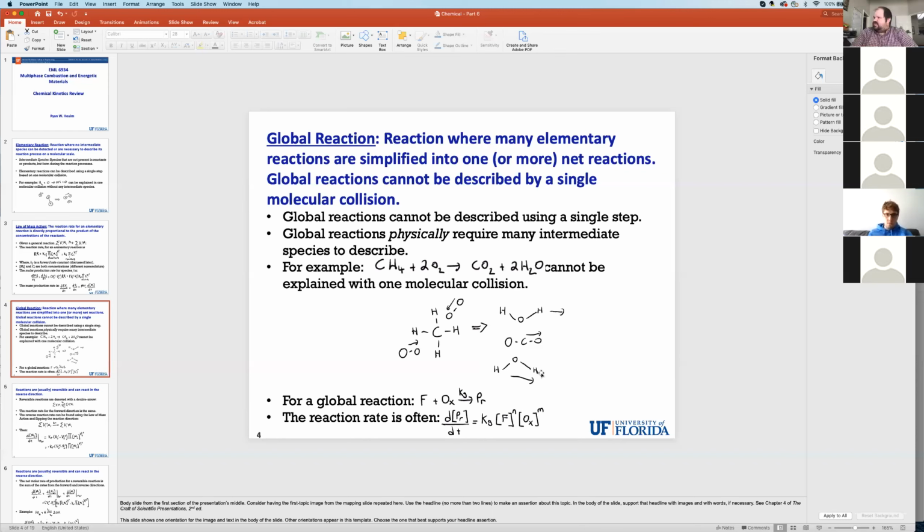So does that collision and that crazy correspondence in one step, in one molecular collision, seem very likely?